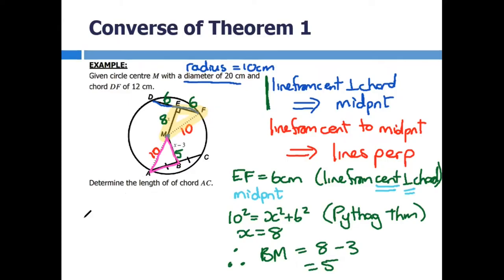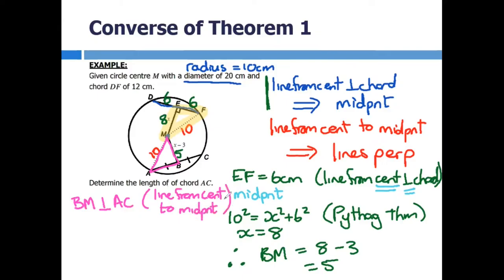So the first thing you're going to have to say is that BM is perpendicular to AC. And how do we know that? We know that because it's a line from center to the midpoint.